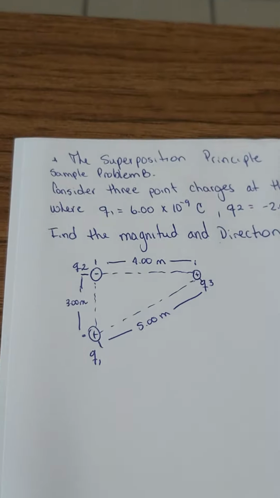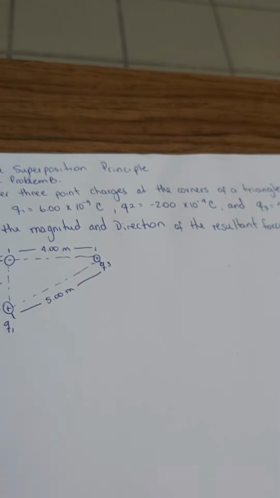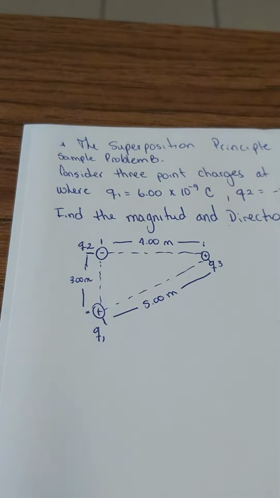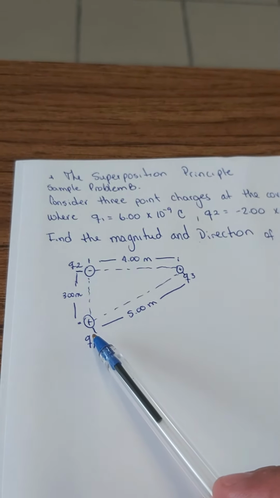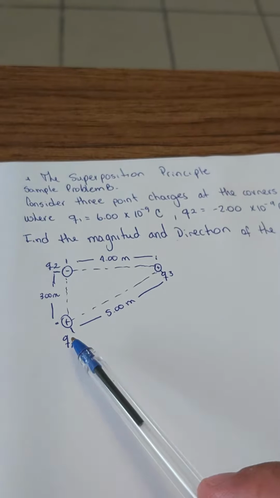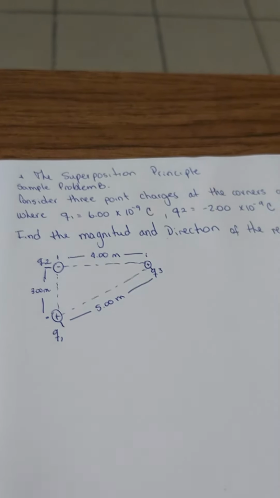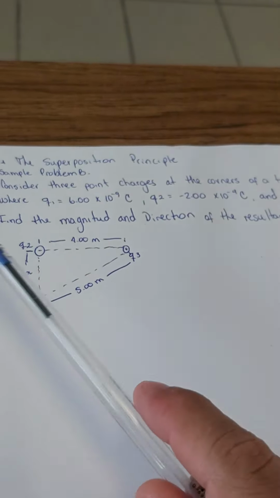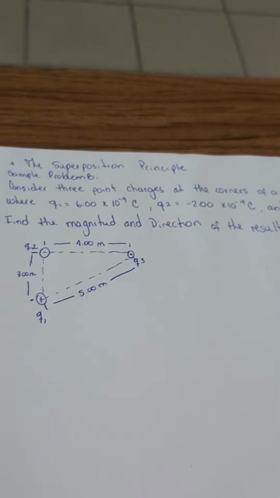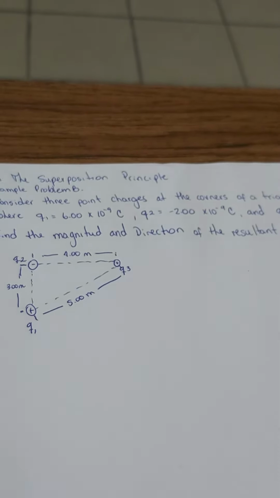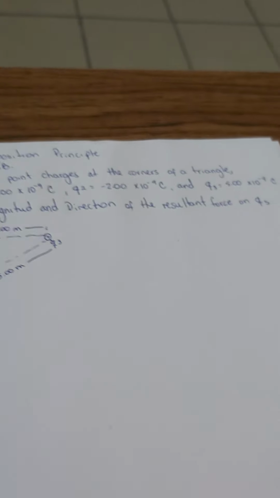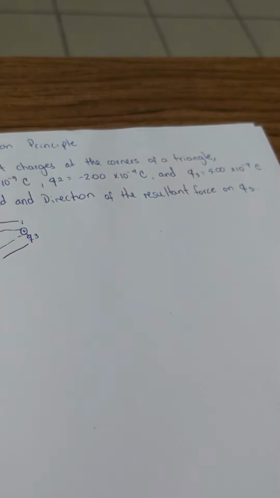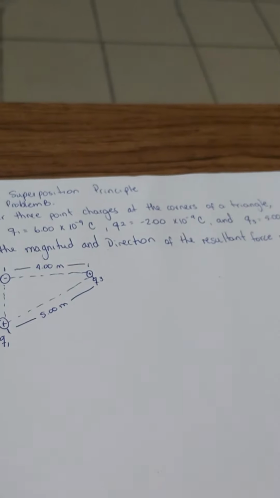Sample problem B says, consider 3-point charges at the corners of a triangle where Q1 is 6.0 times 10 to the negative 9 coulomb, Q2 equals negative 2.00 times 10 to the negative 9 coulomb, and charge 3 equals 5.00 times 10 to the negative 9 coulomb.